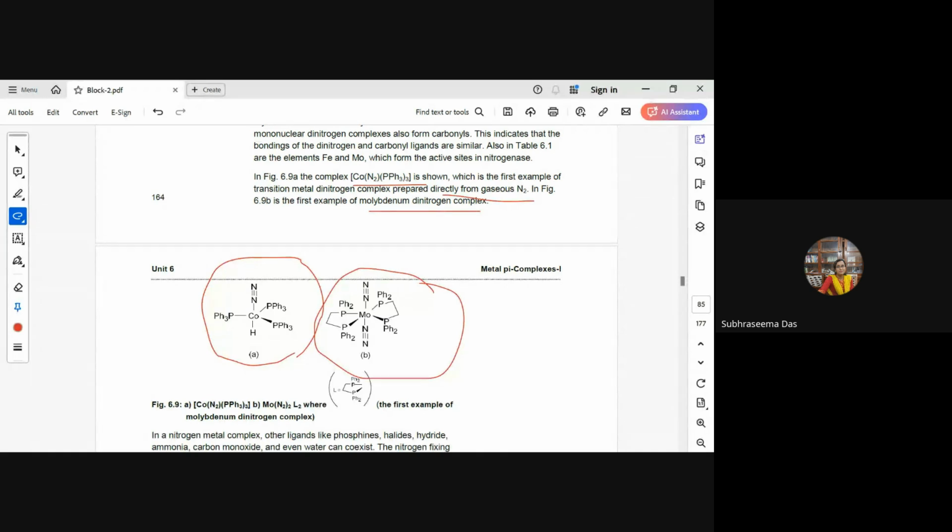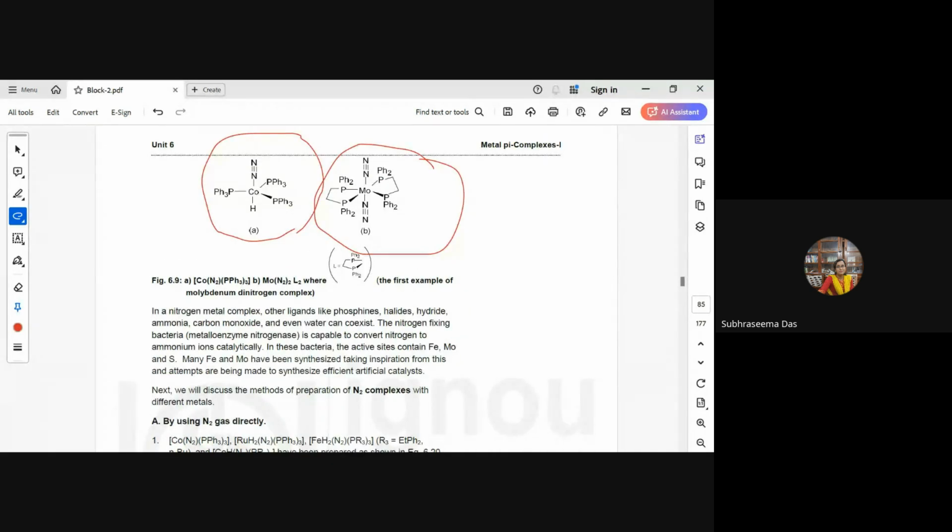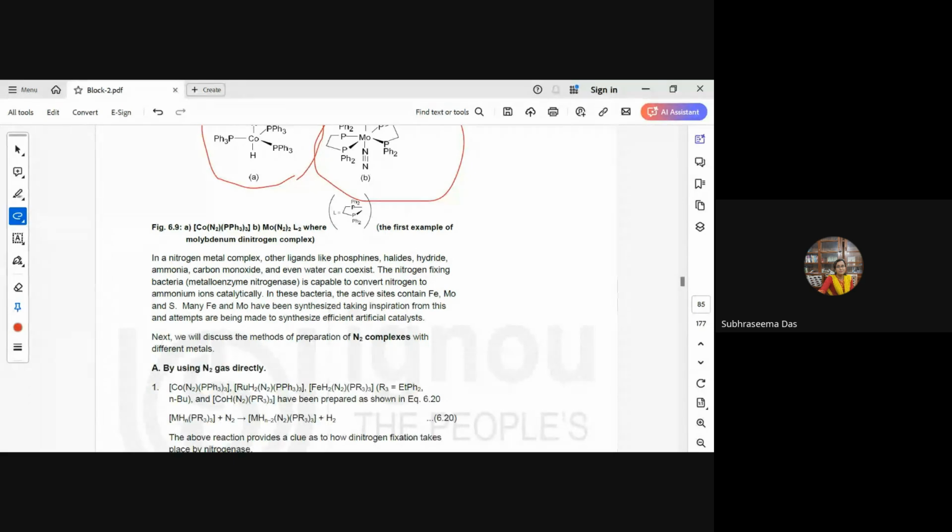So these are two crucial examples. In a nitrogen metal complex, other ligands like phosphines, halides and water can coexist. The nitrogen fixing bacteria, that is nitrogenase, converts nitrogen to ammonium ions catalytically. In these bacteria, the active sites contain iron, molybdenum and sulfur, which coexist together and help in nitrogen fixation.